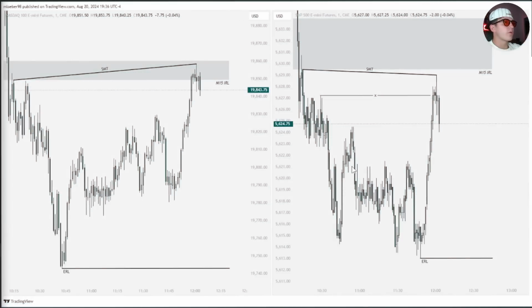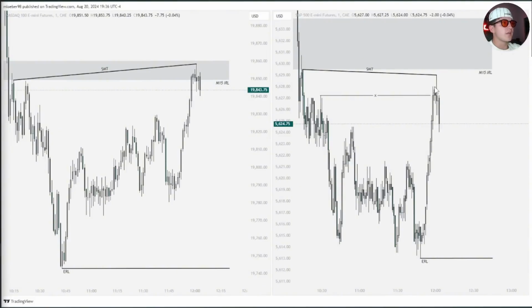Now moving forward, all we're looking for next is for price to close below the opening price of that candle that we had labeled off before, that ran liquidity and created the M15 SMT.